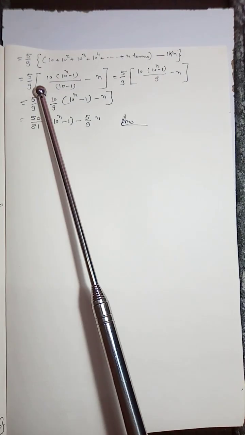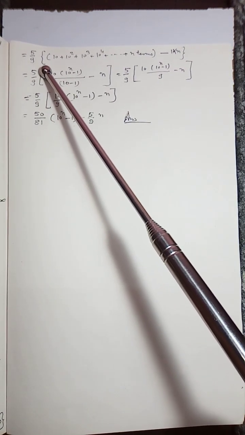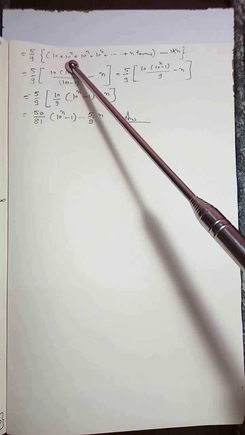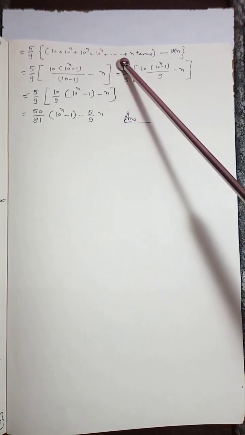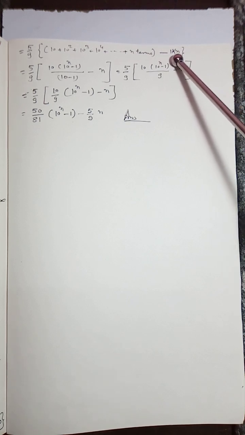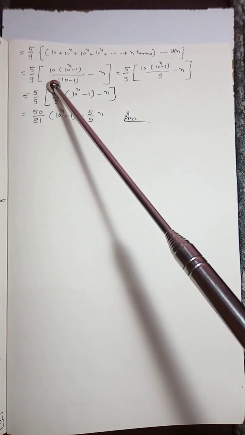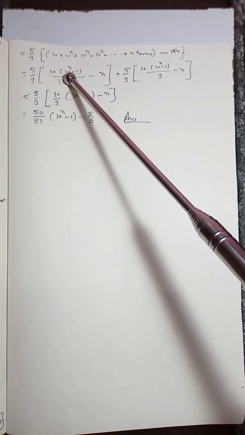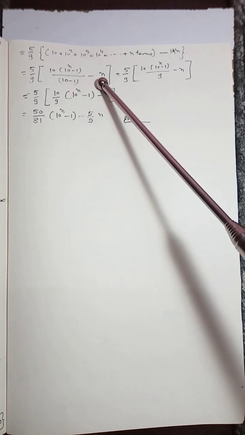Now 5/9 outside of the bracket, inside the bracket you see 10 plus 10 square plus 10 cube plus 10⁴ plus and so on up to n terms, minus 1 into n, means n will come, the minus 1 that we had, we have now taken out separately. So 5/9 as it is, 10 into (10ⁿ minus 1) upon (10 minus 1), minus n.